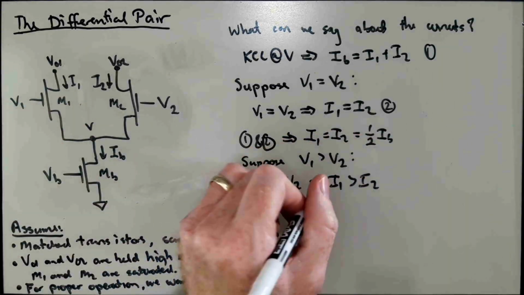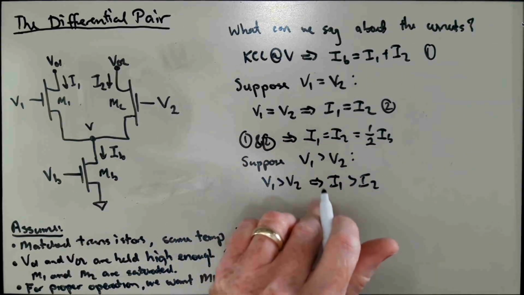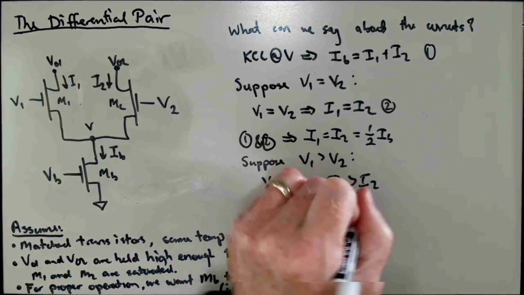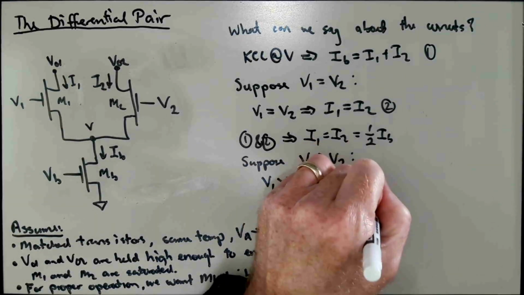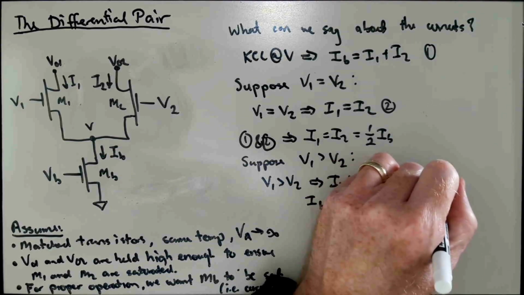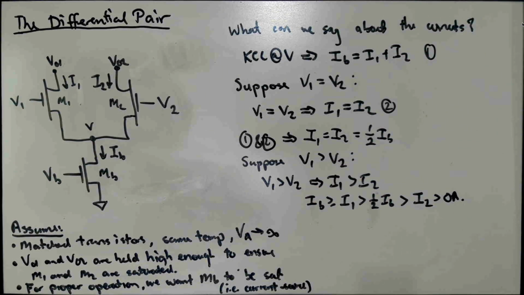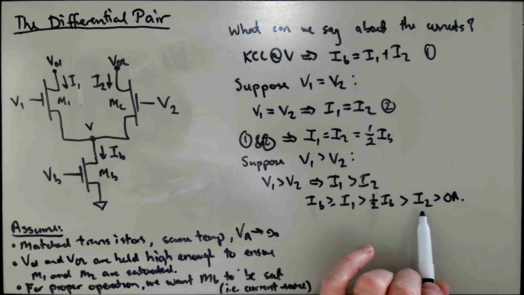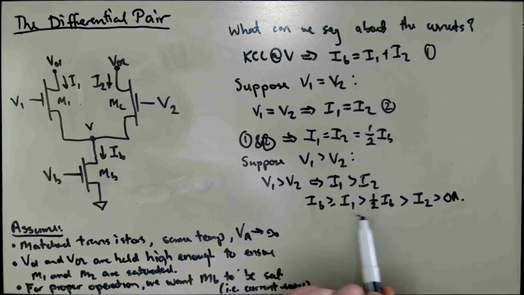And so IB is greater than or equal to I1, greater than IB over 2, greater than I2. Since I1 is larger than I2, and they have to sum to IB, and they're both positive, we have this chain of inequalities.